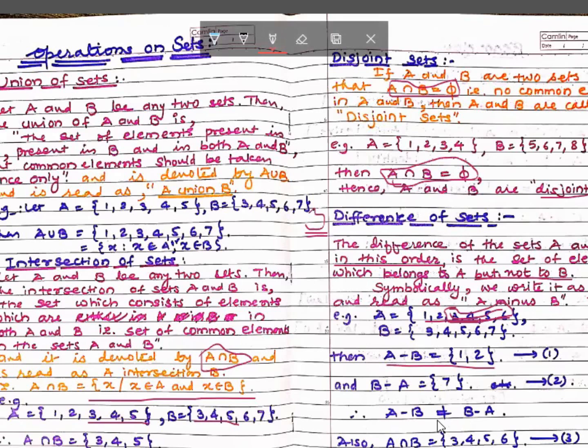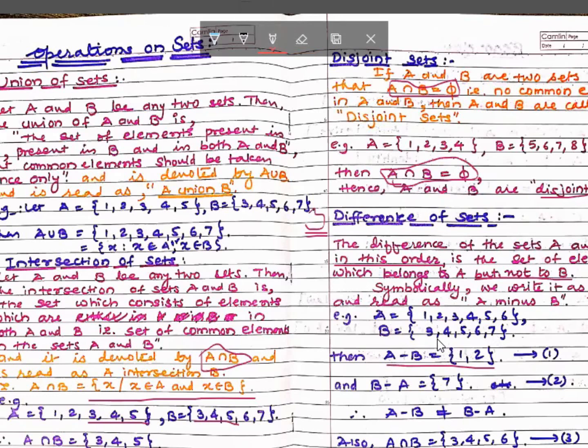Okay, so what is B minus A? So again, while taking B minus A, the order is important. We need to take the difference of B and A. So B minus A means the set of elements which are present in B but not in A. Again, see the elements from B which are also present in A, and those should be deleted from it.